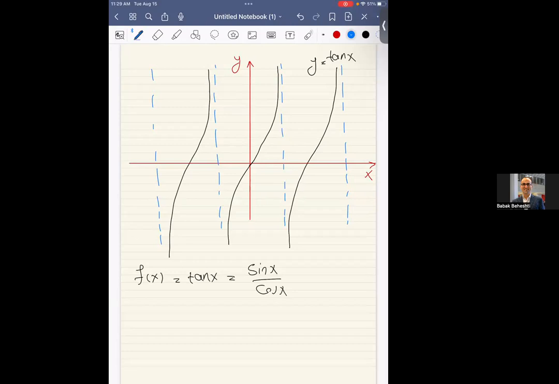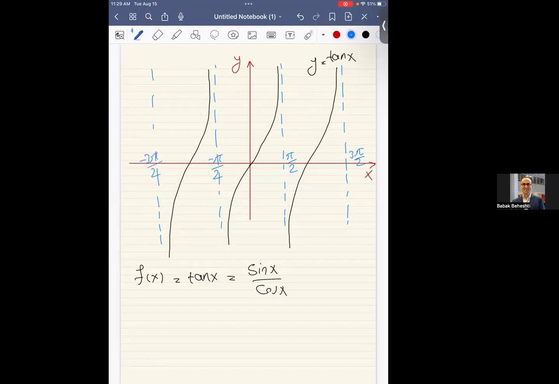So at what points, for what values of x, is cosine 0? Yes. Pi over 2, and then 3 pi over 2, minus pi over 2, and so on, minus 3 pi over 2.